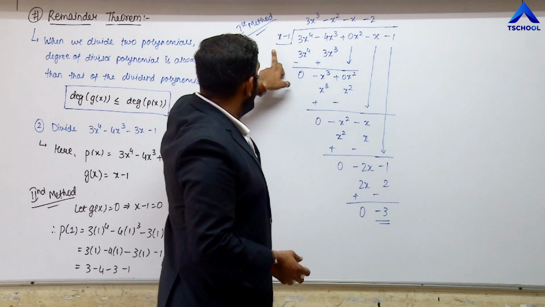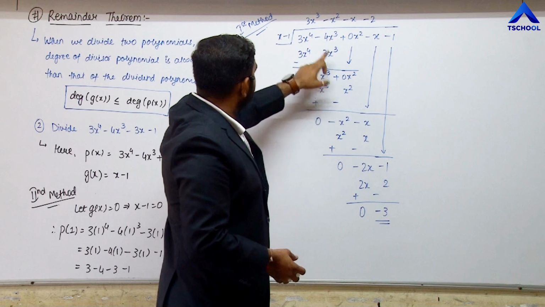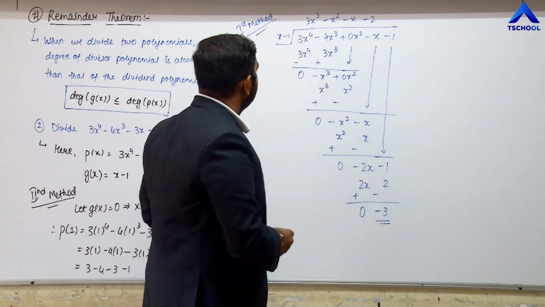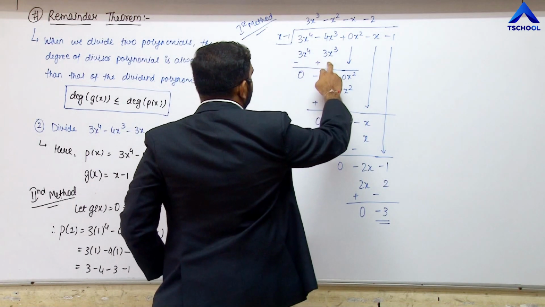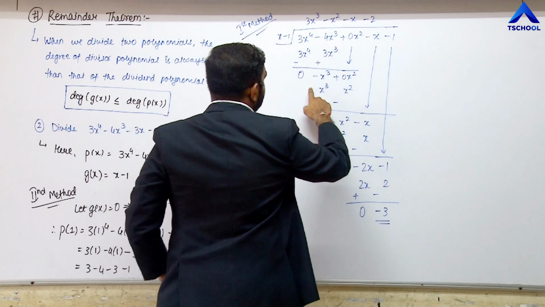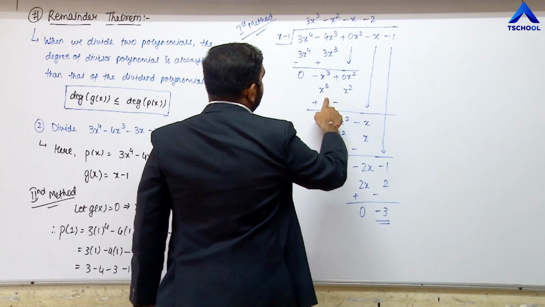3x raised to 4 minus 3x cube, it becomes plus minus 4 plus 3, that is minus x cube.